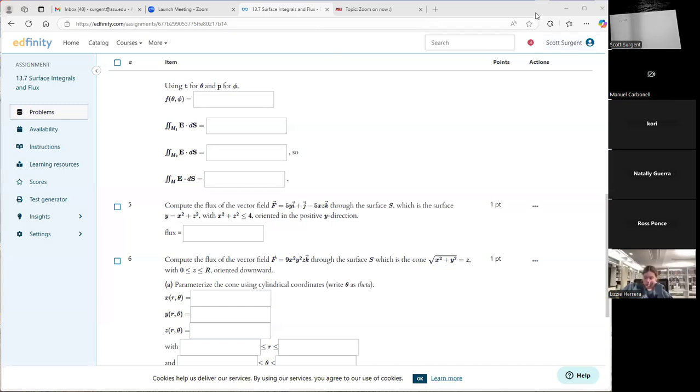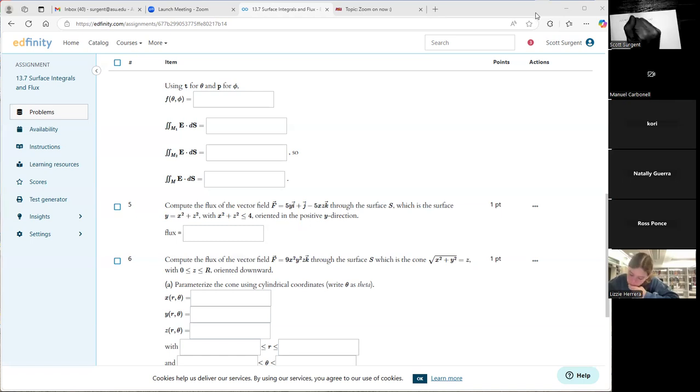Compute the flux of the vector field F, which is 5y, 1, and negative 5xz, through the surface S. It's a paraboloid topped by a disk. No, I take that back, it's just the paraboloid.